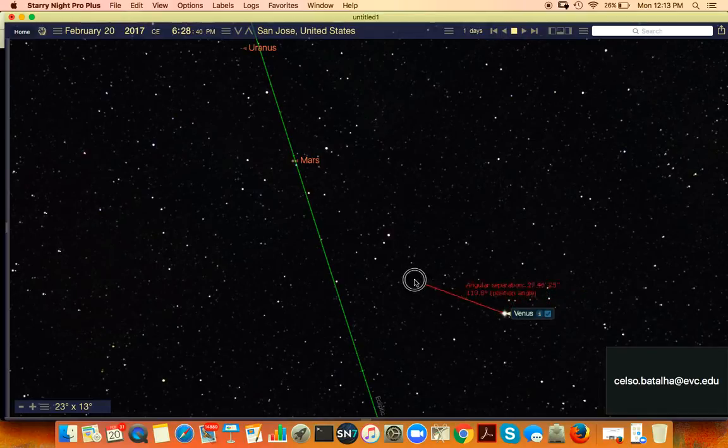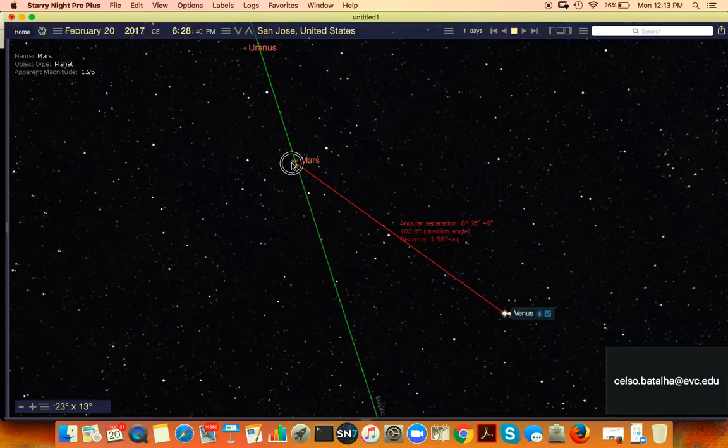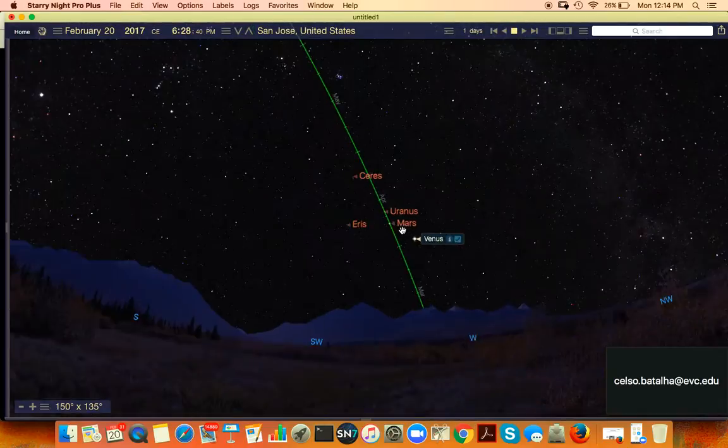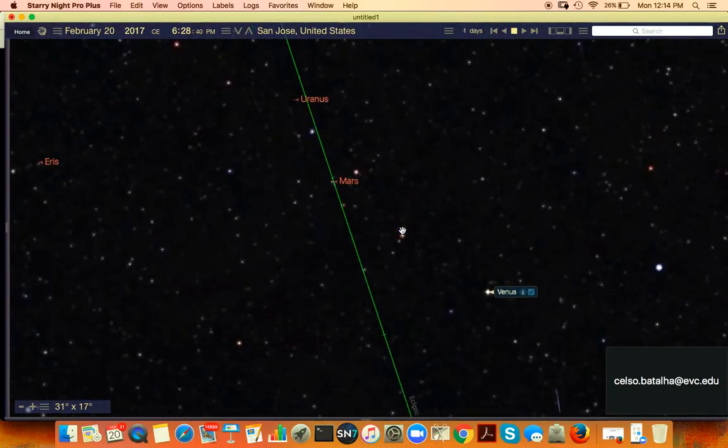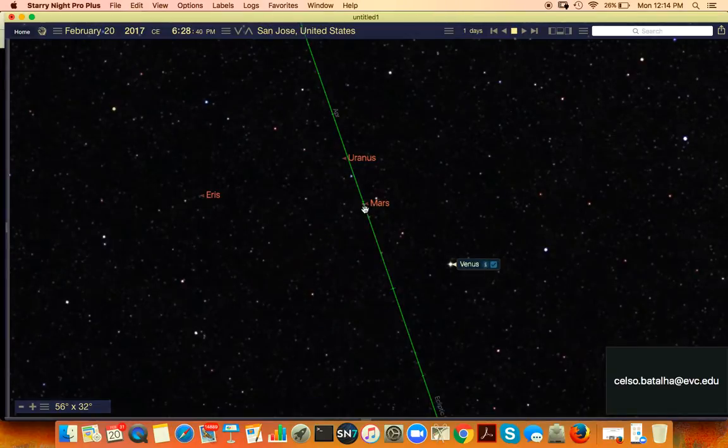If you find Venus, and you want to find Mars, it is a reddish guy. 8 degrees. 8 degrees is a fist, less than a fist. You make a fist with your hand and place the fist at arm's length. And then you find Mars. Mars is pretty close to the ecliptic.